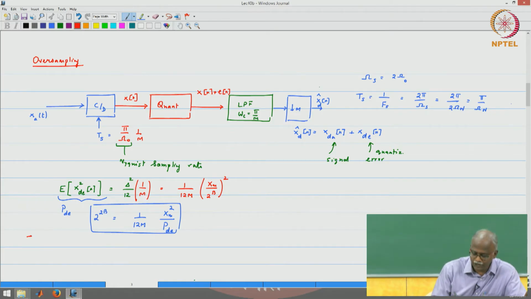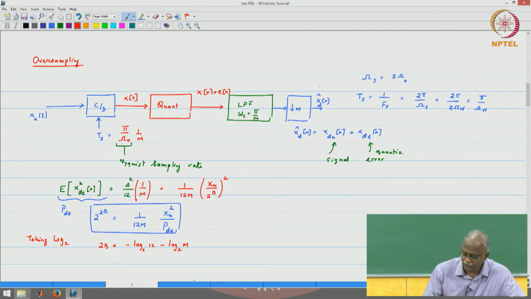Now, taking logarithm base 2, I get 2B equal to minus 1 by minus log base 2 of 12, log base 2 of 12 minus log base 2 of M minus 1 minus log base 2 of P dE plus 2 times logarithm base 2 of X of m.